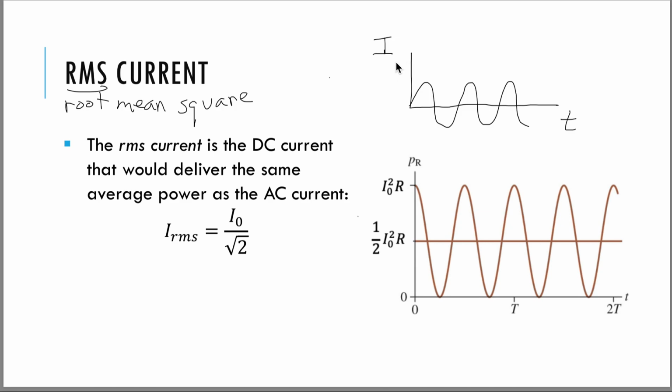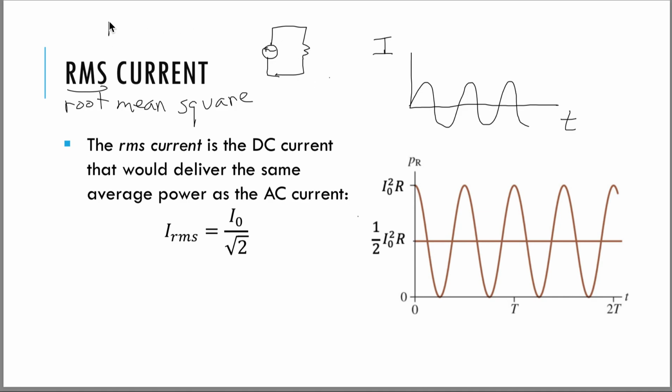So instead, let's look at power. Let's consider a circuit that has an AC source and a resistor, and let's talk about what would be the average power dissipated through that resistor.